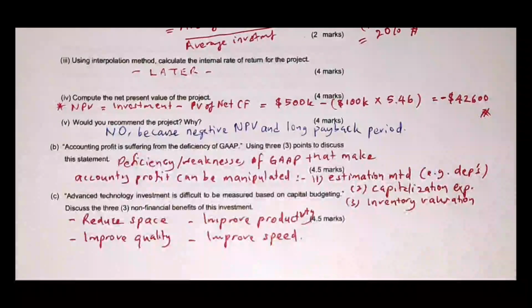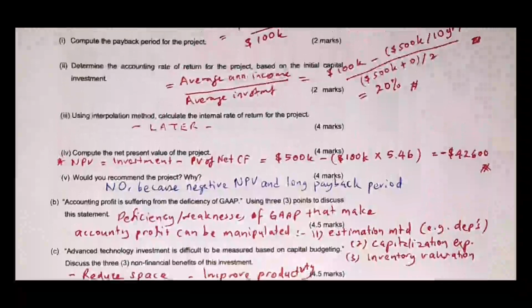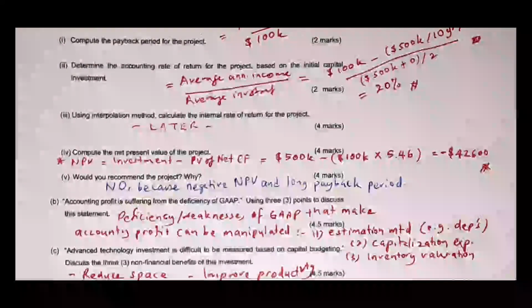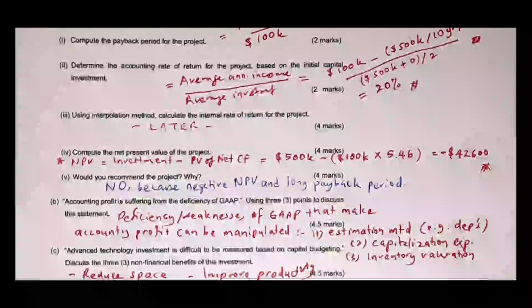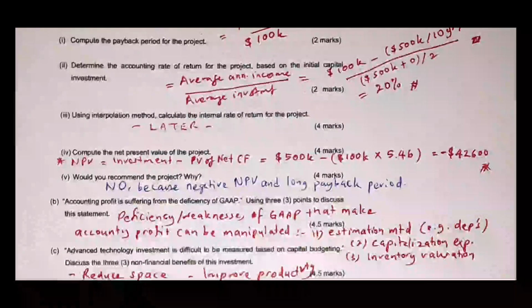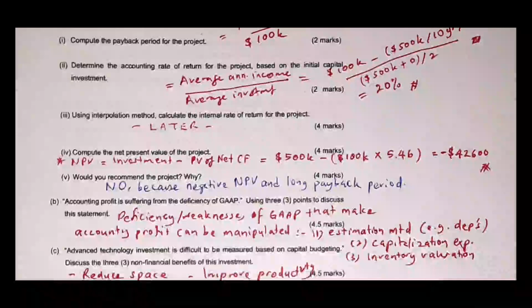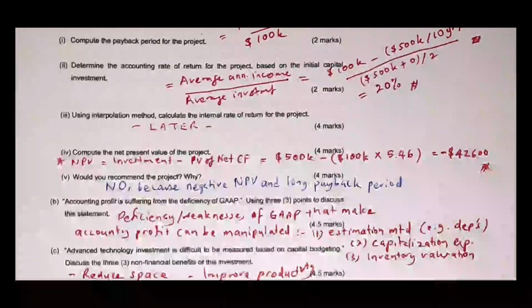When the calculation of profit can be manipulated, it means that at least one of the capital investment analysis methods also can be manipulated. Here the accounting rate of return method is based on income or net profit. So this number can be manipulated, so the results of this calculation also can be manipulated.